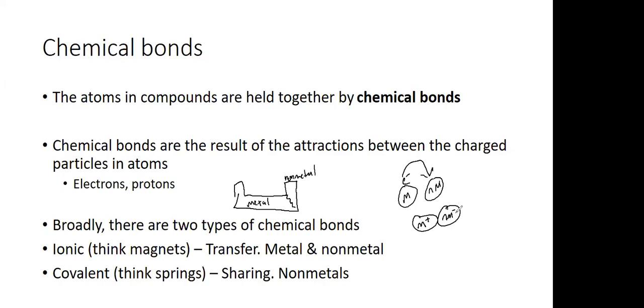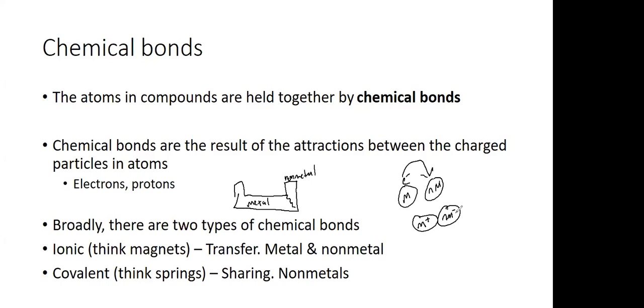Now you have something that's positive, something that's negative. They attract and they stick together. Think like magnets, right? If you stick two magnets together, as long as they're opposite poles, plus and minus, the magnets stick together and they're very hard to separate depending on the strength of the magnets. That's how an ionic bond works. A metal gives an electron to a non-metal. Now they are bound together.